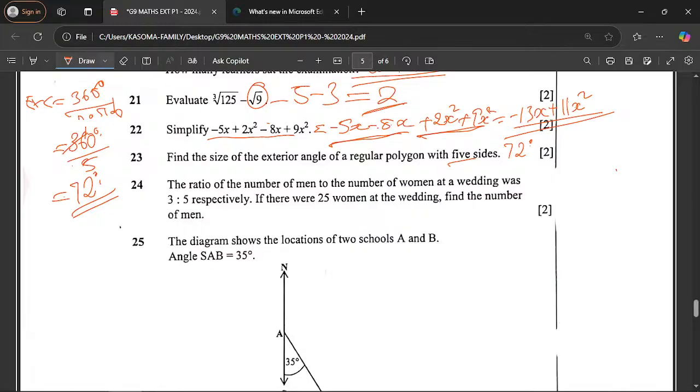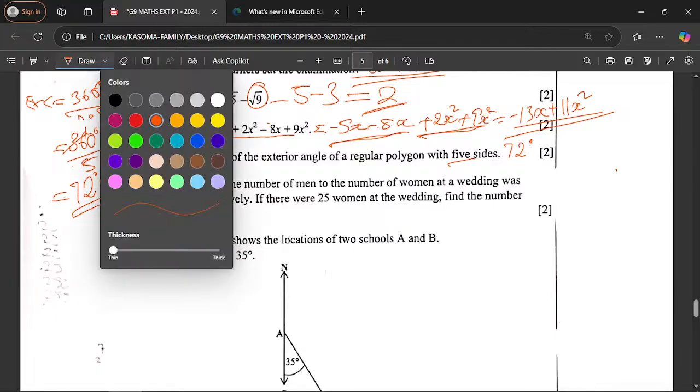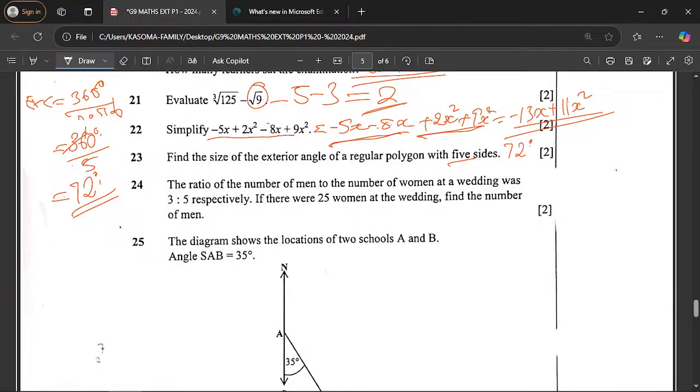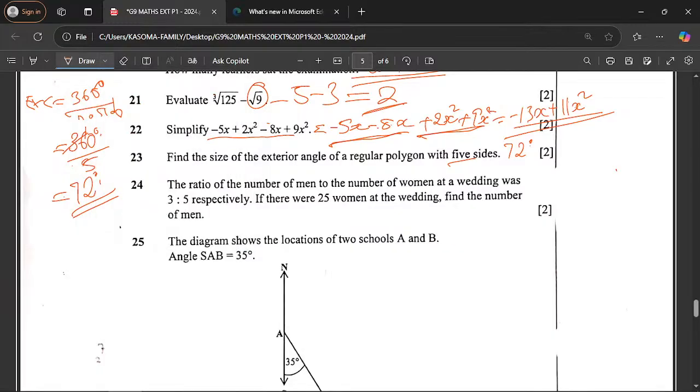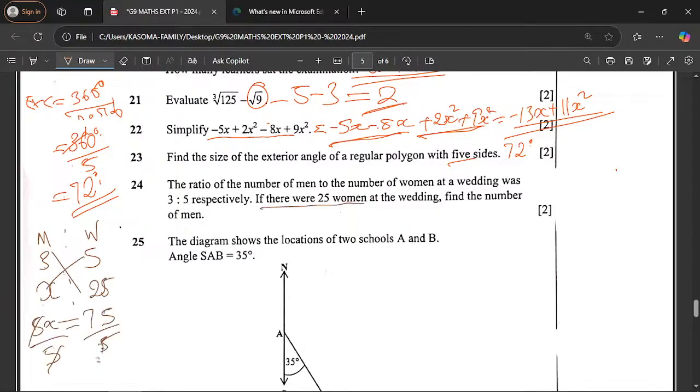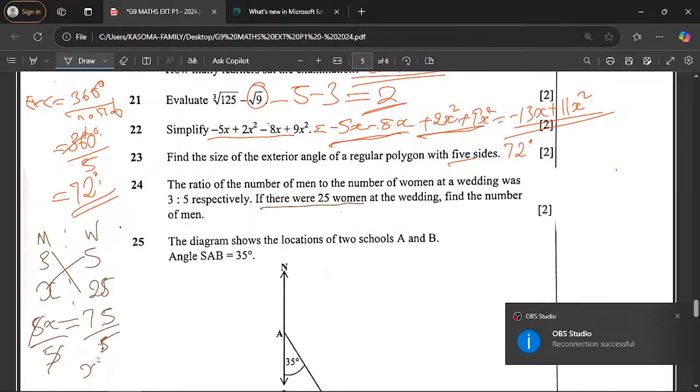So we have men to women, the ratio for men is 3 and for women is 5, and then we have x.